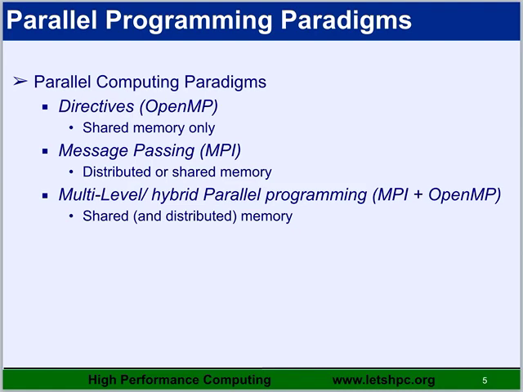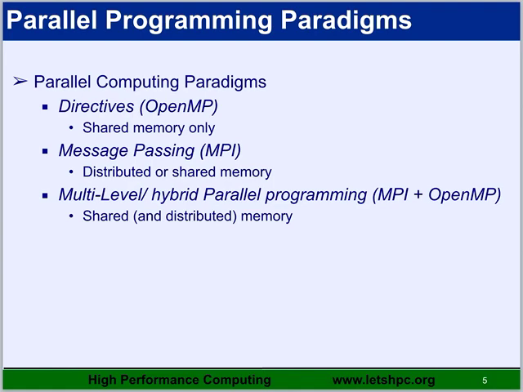Similarly, in this lecture, we are going to focus on the message passing interface, which we are going to use for distributed memory systems. But the advantage of this particular paradigm is that it can be used for both distributed as well as shared memory systems. And that makes it very much acceptable to the programming community.